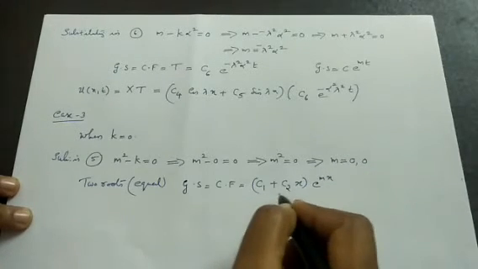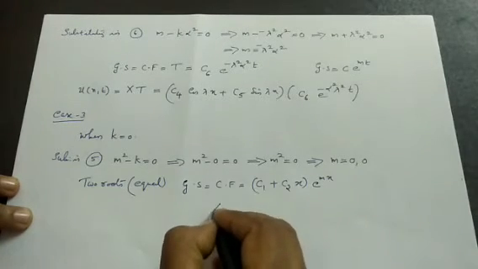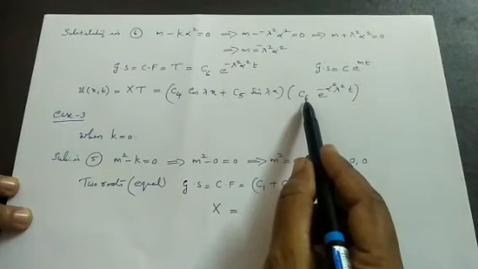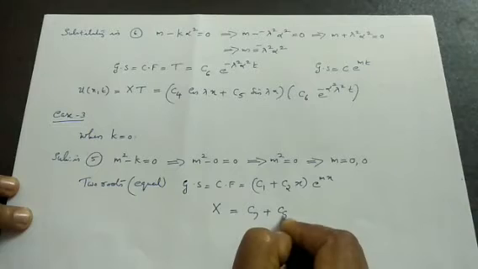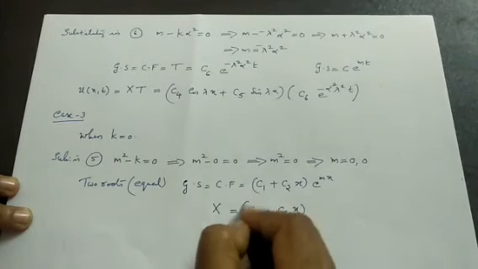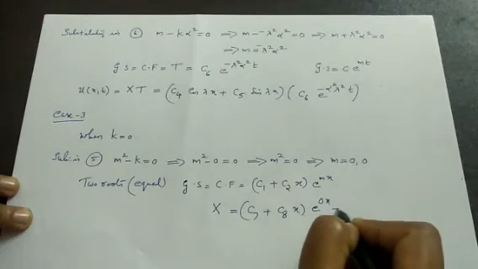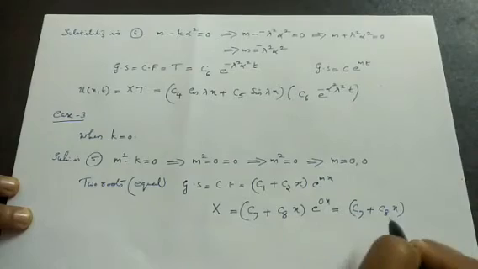Therefore, here X is, as we have numbered up to c6, c7 plus c8 x into e raised to 0x, which equals c7 plus c8 x.